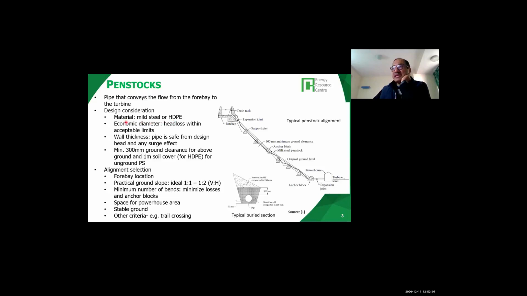The first one is the material we use for the penstock. The normal materials used are mild steel and high density polyethylene pipe, HDPE pipes.